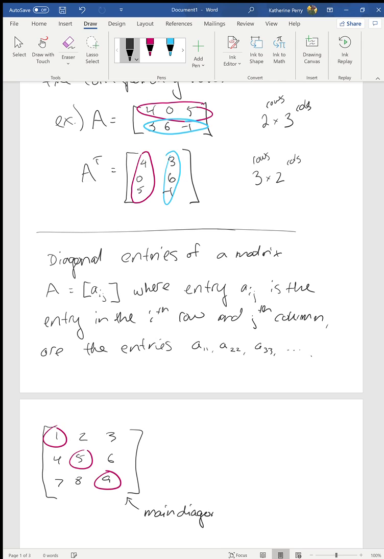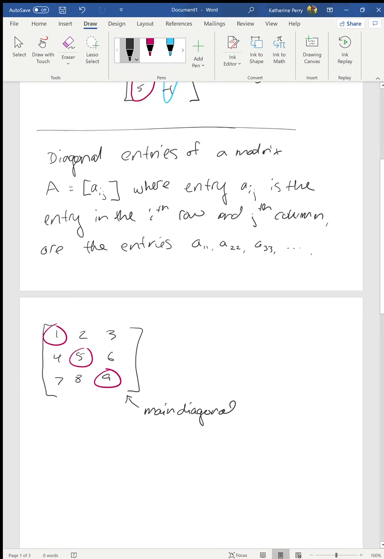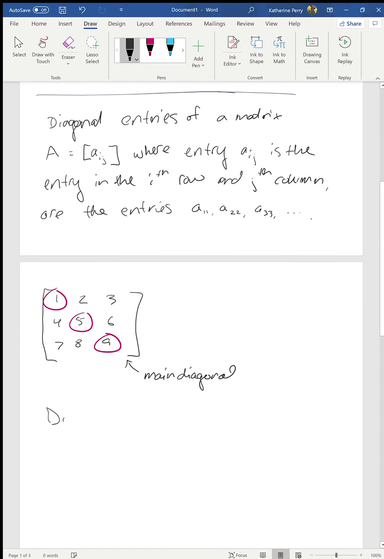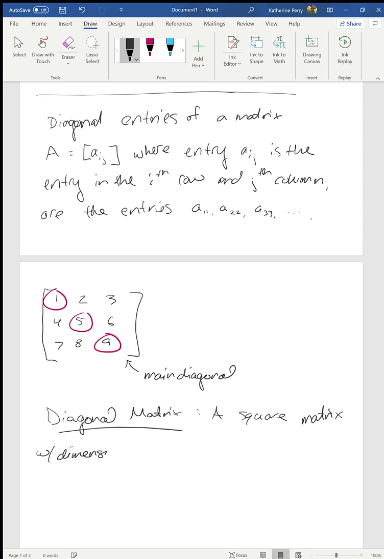Okay, and we say that a diagonal matrix is a square matrix, meaning it has the same number of rows and columns. So we'll say with dimensions n by n.